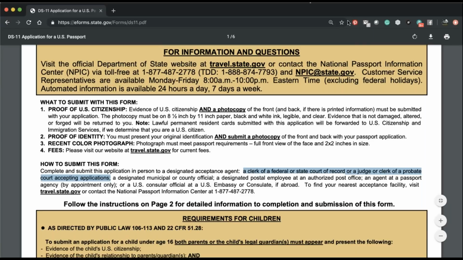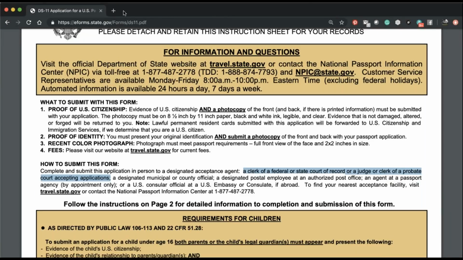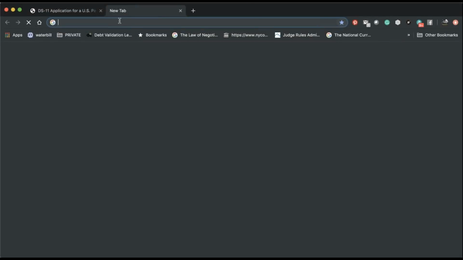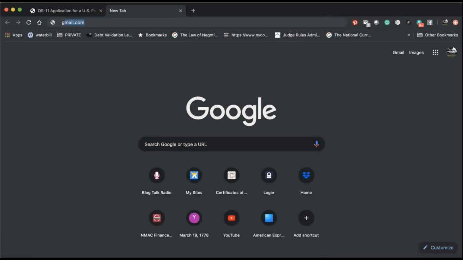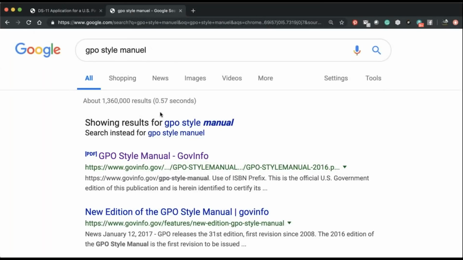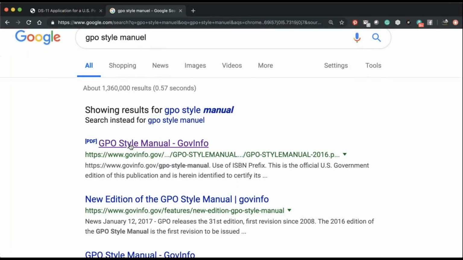We're going to go back to this application, but hang on, I got to bring up another window. We're going to look at the GPO style manual. Anybody familiar with this manual? This is a government website, as you can see.